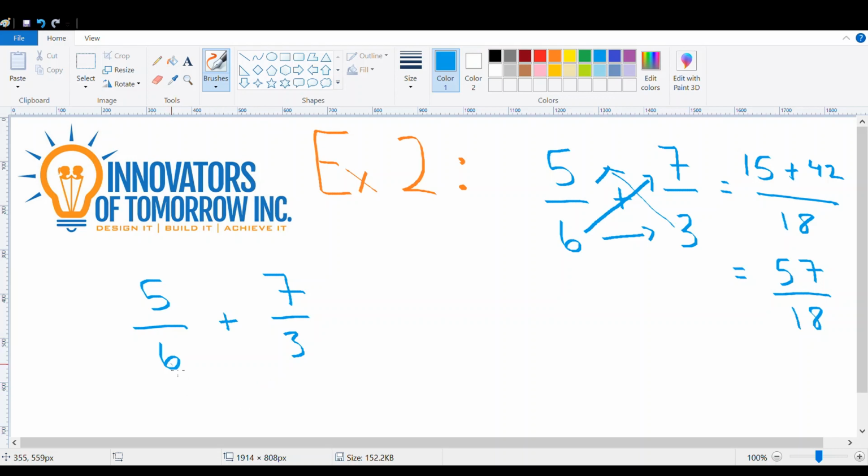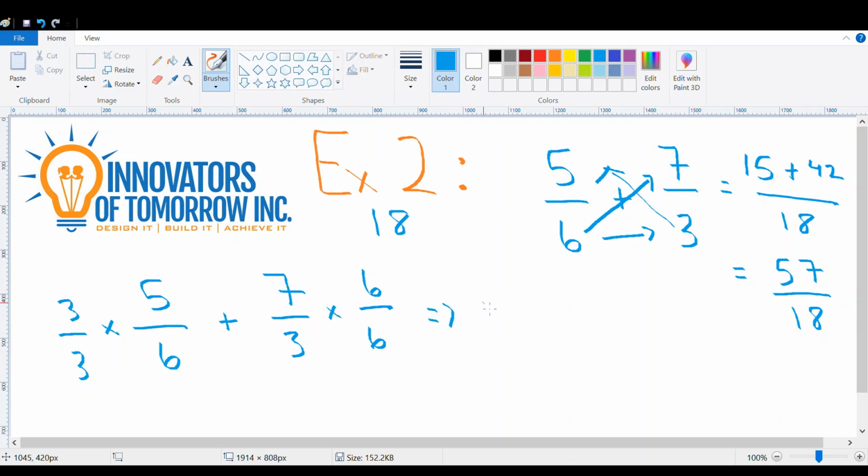Easiest way, multiply the denominators together. So our common denominator is 18. We want 18 on both denominators. So for 5 over 6, our version of 1 will be 3 over 3. For 7 over 3, our version of 1 will be 6 over 6.